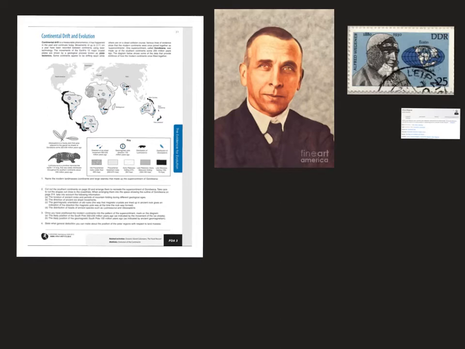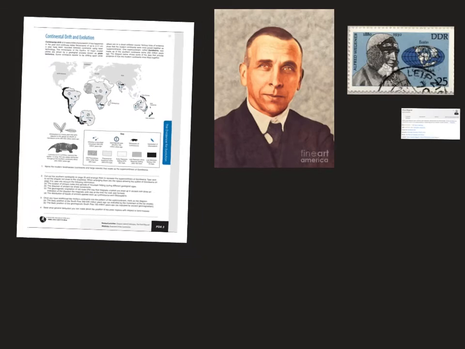Now this is very telling, because one of the things he discovered was continental drift. Again, I hate to use the word discover. He thought of an explanation, a theory that would explain all the observations he had made up to that time.